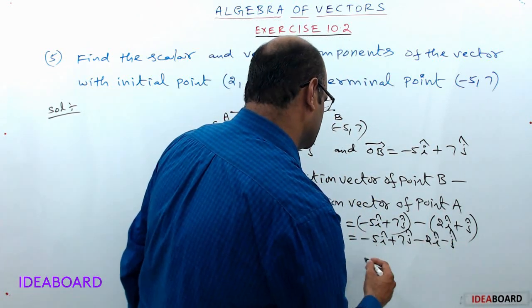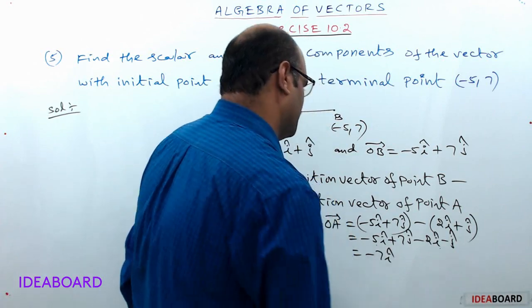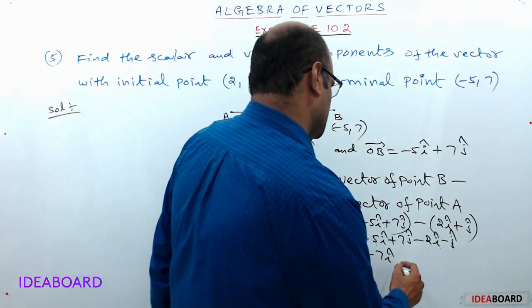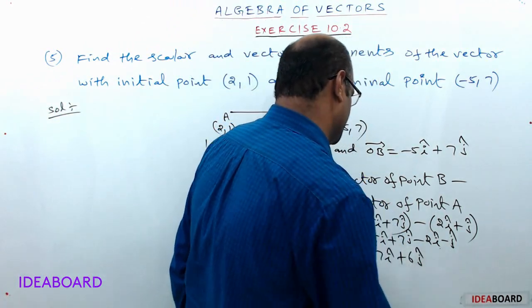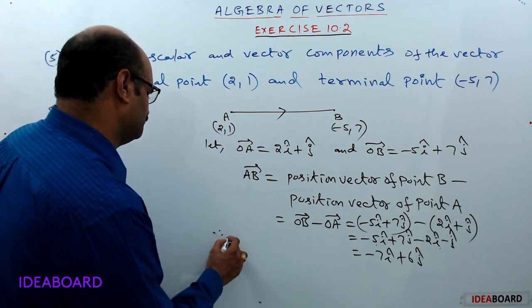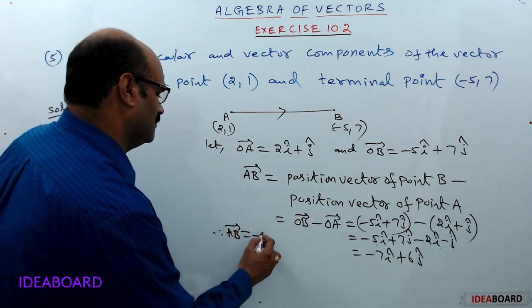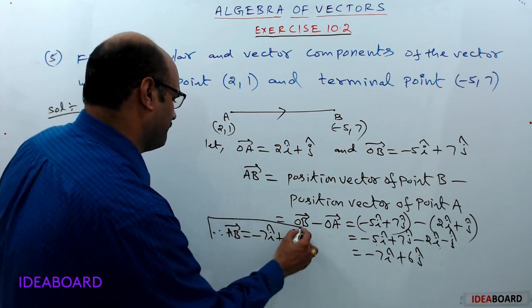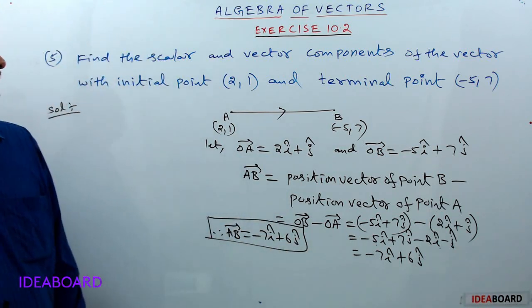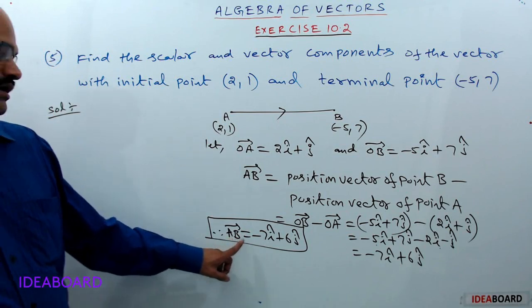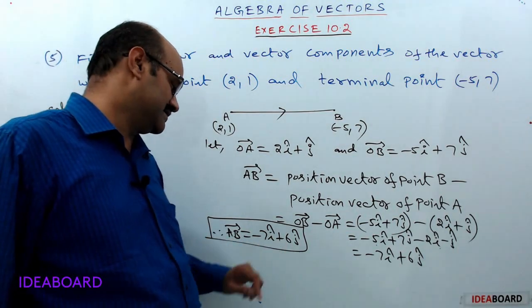So -5i minus 2i is -7i cap, and 7j cap minus j cap is plus 6j cap. Now AB vector equal to -7i cap plus 6j cap. Here the scalar components of vector AB are -7 and 6.